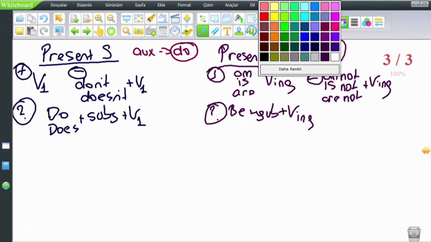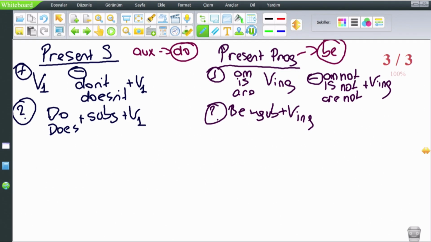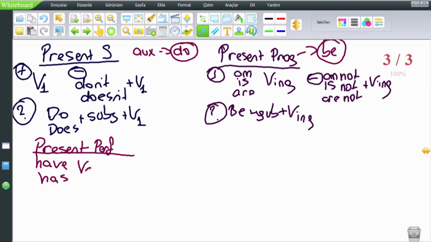Let's go on with present perfect. We have talked about have, has, verb 3. If I want to make it a negative sentence, I would use haven't, hasn't, verb 3. And if I want to make a question sentence, I would put have, has in the beginning of the sentence, subject, and then again verb 3.